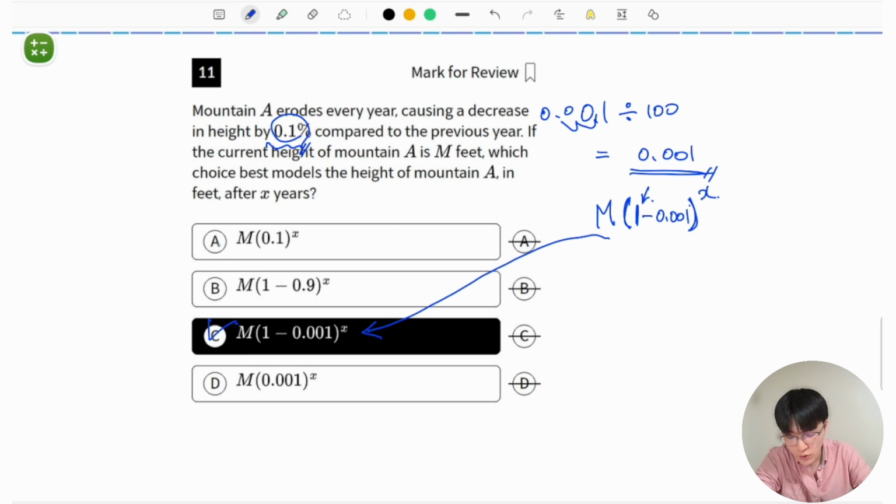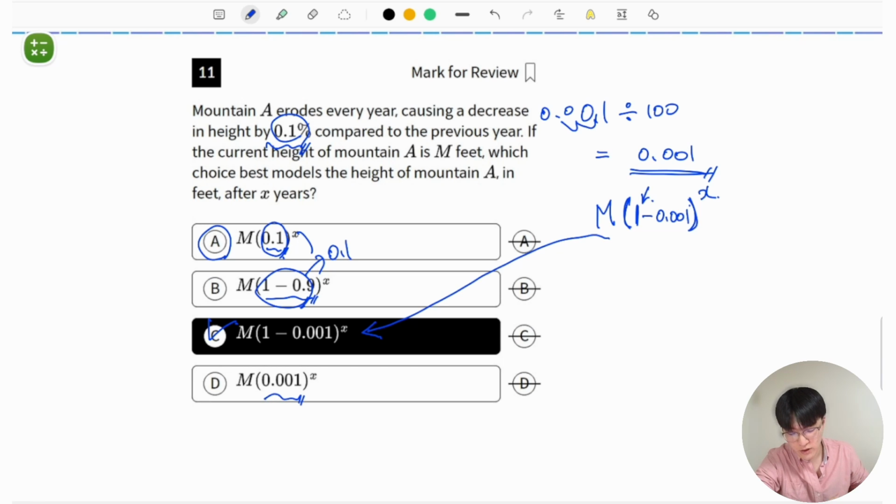Now, if we take a look at answer choice A, what is this value saying? Let's actually take a look. If we plug 0.1 in, that means every year 90% of the mountain's height is decreasing. That's what it's saying. In this situation, same. This is also 0.1, and they represent the same thing.